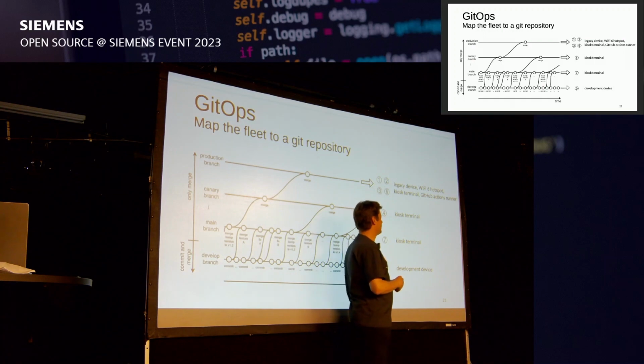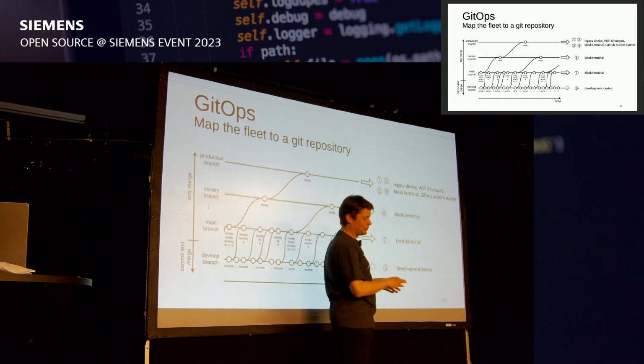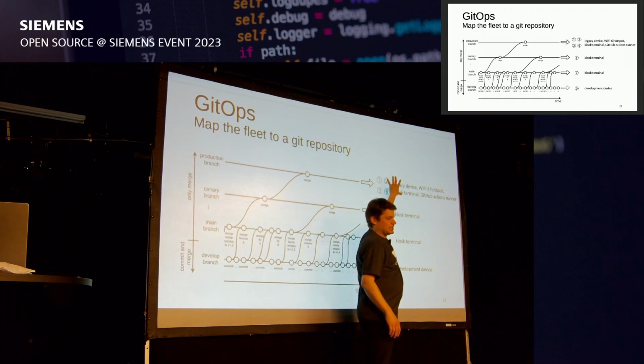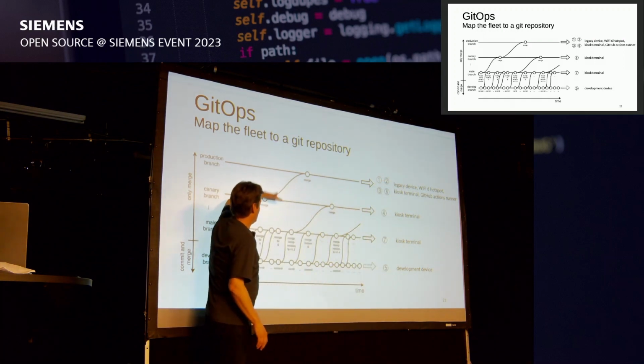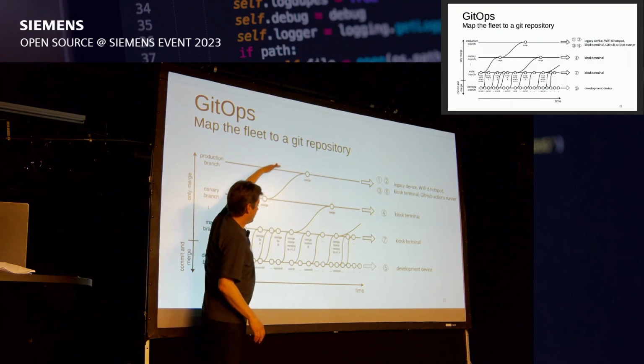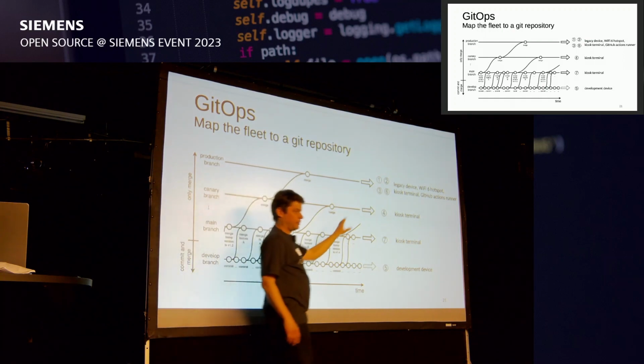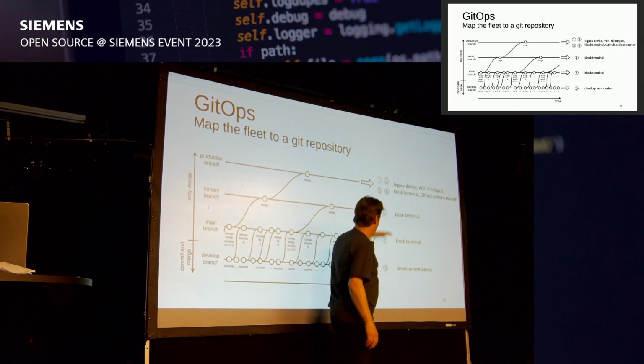If you have several 100,000 devices, then you don't want to dispatch it all in one go. So it gets dispatched there. And hopefully, as you do not do changes up here anymore, nothing breaks out here because it has been tested.